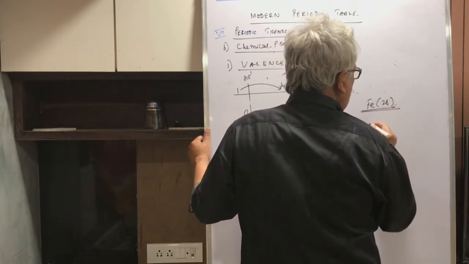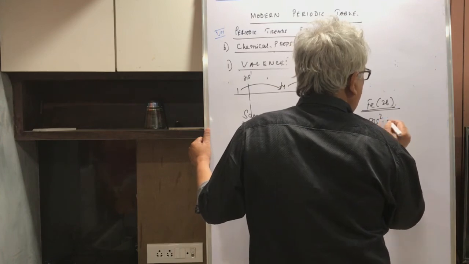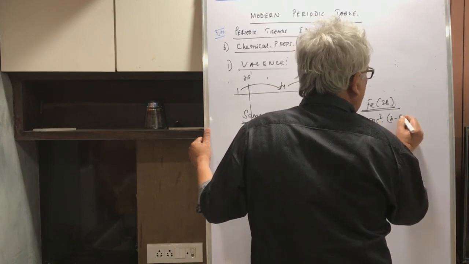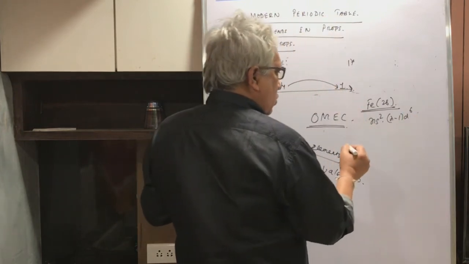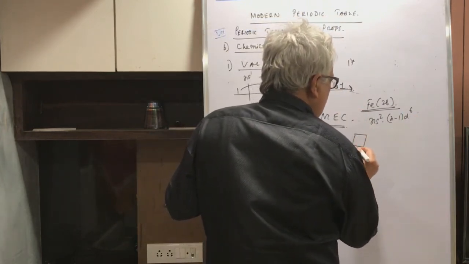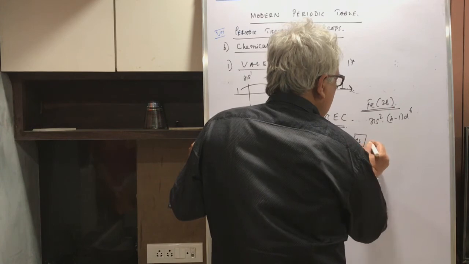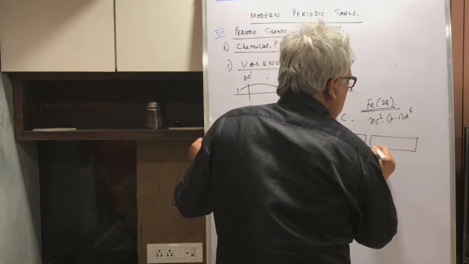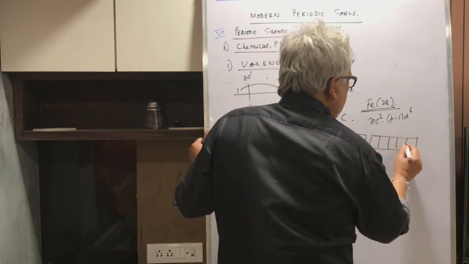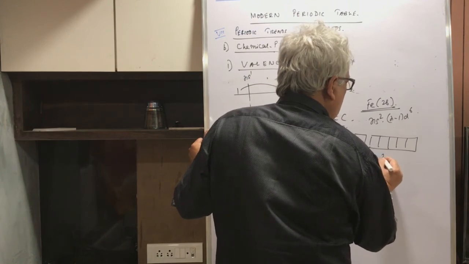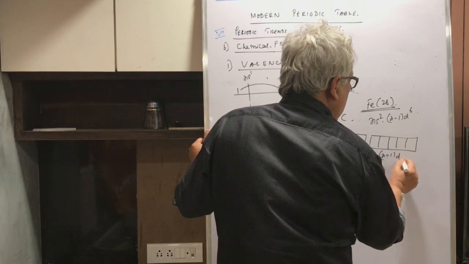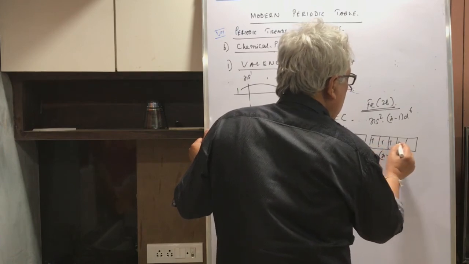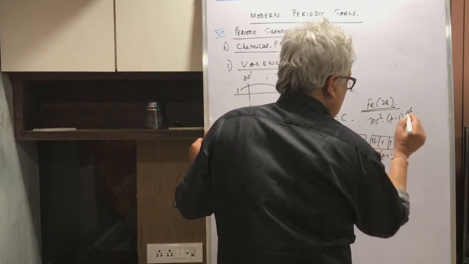The configuration is ns2 (n minus 1) d6. So this is ns2, and then (n minus 1) d6, 1 2 3 4 5 6.